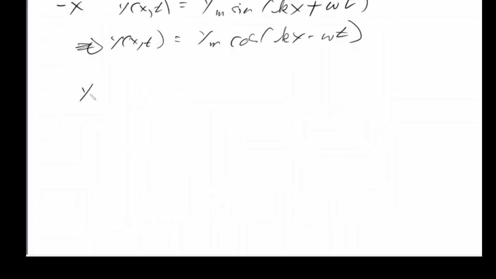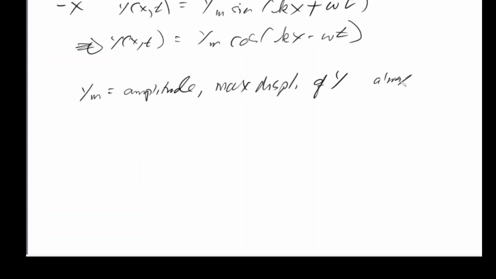So in that equation, ym is equal to the amplitude, which is the maximum displacement in the y direction. And that's always positive. We have kx minus omega t, and that's the phase.